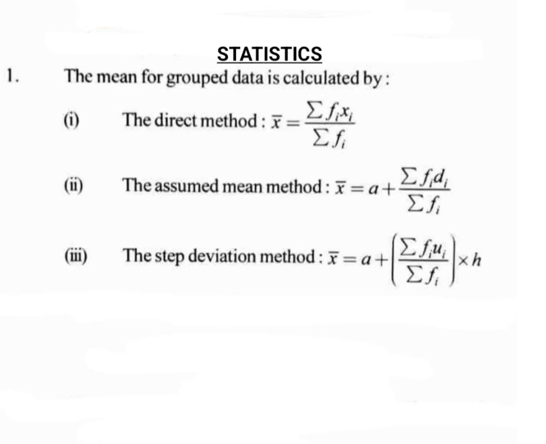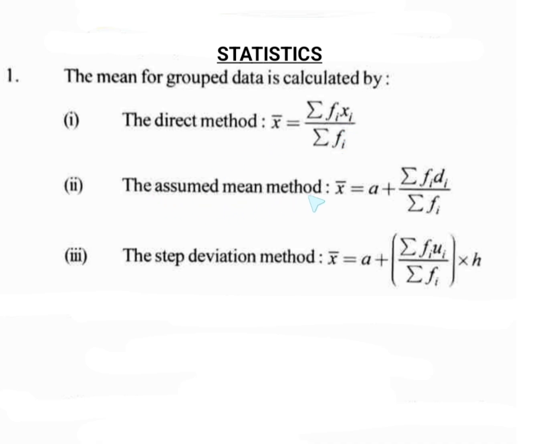Statistics: the mean for grouped data is calculated by three methods. First is the direct method, then the assumed mean method, and the step deviation method. In the direct method, x bar is equal to sigma fi xi by sigma fi.